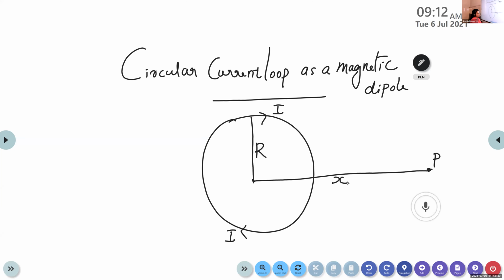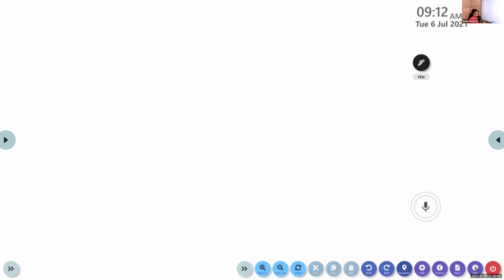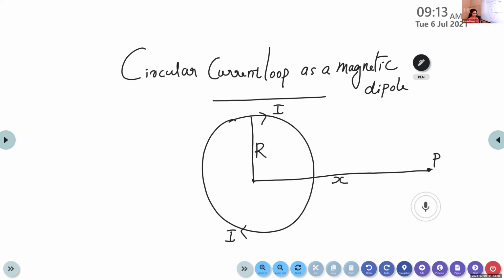Now, by Biot-Savart's law, the magnetic field produced at this point P is given by, here we consider a small segment.